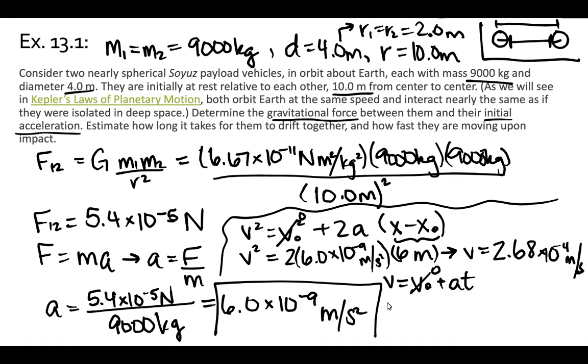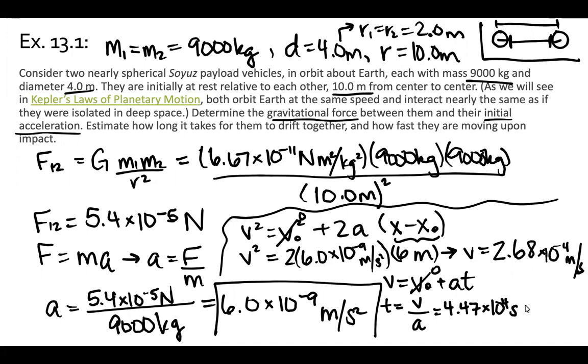So then we can solve for T. T is going to equal V divided by A. We'll take our V that we just solved for, divide that by our acceleration, so 6 times 10 to the negative 9th, and we get 4.47 times 10 to the 4th seconds.